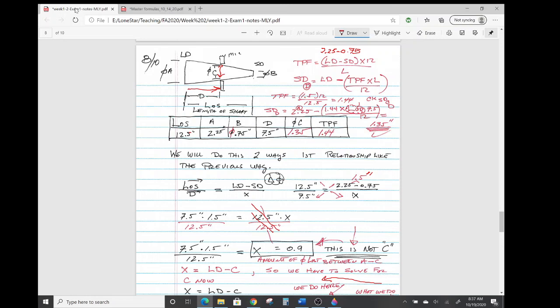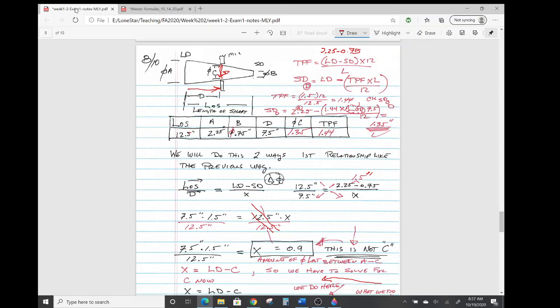D is a new length. We want to know what C is. So C really is the small diameter of just this piece of the taper, right? Here's the large diameter. This now is the new small diameter at this length D. So plug it in.